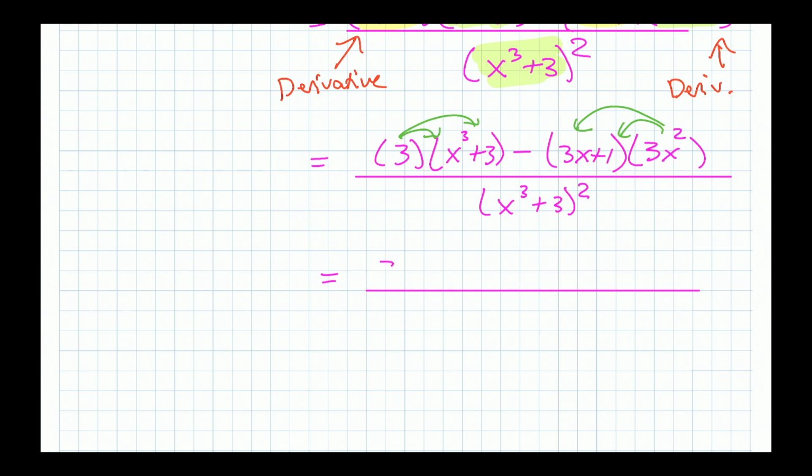So we would get 3x cubed plus 9, it looks like, for those first two terms, and then minus, and then when we distribute on the right, we're going to have 9x cubed plus 3x squared over x cubed plus 3 squared.